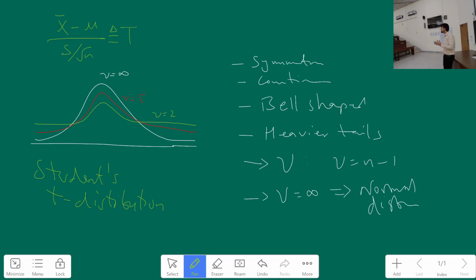Since then it's being called that, because that was the first person, in the 1940s or something. So books usually call it Student's. Now we know his real name, but at least when it was published, he was known as Student.